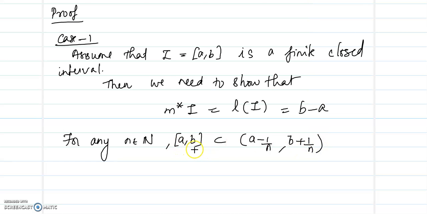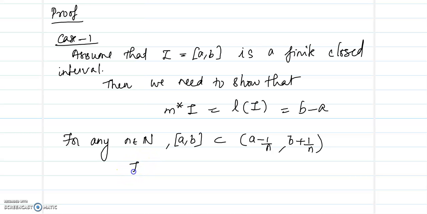So any closed interval [a, b] will always be contained in an interval of the form (a minus 1 by n, b plus 1 by n), where n belongs to N. So here you have an open set containing your closed interval [a, b]. So this gives us an open cover. So you are getting a covering of your interval I.